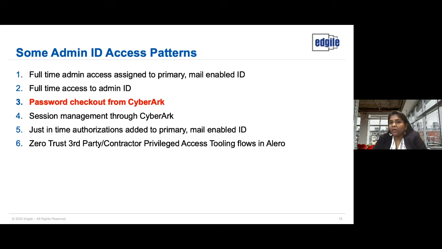So for the likelihood of this admin ID being compromised, we are going to look upstream to all of the securities in place from the time the attacker lands in the organization all the way up until they have compromised the credential. For the impact, we are going to be looking at what authorization that ID has, so that we can determine what applications, data, or administrative functions that attacker can accomplish with the ID.